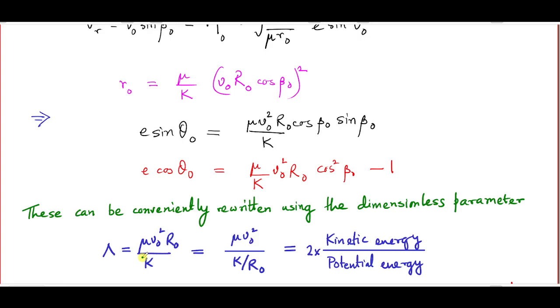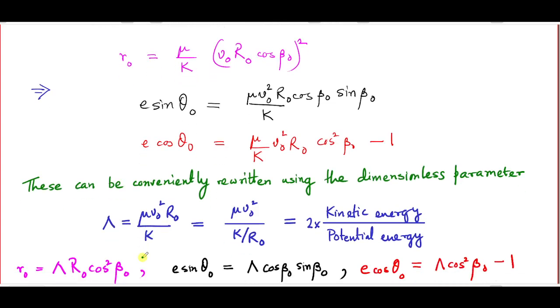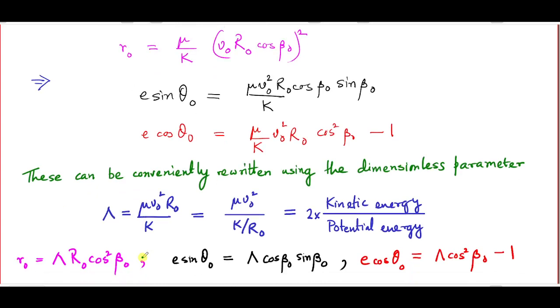Now, in terms of this lambda, all of these expressions can be rewritten in a rather compact fashion. Small r0 simply works out to be lambda r0 cosine square beta 0. E sine theta 0 is lambda cosine beta 0 sine beta 0, and E cosine theta 0 is simply lambda times cos square beta 0 minus 1.